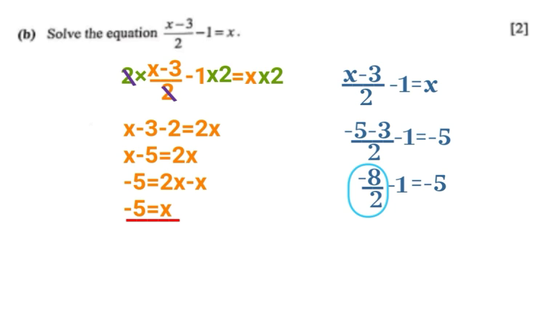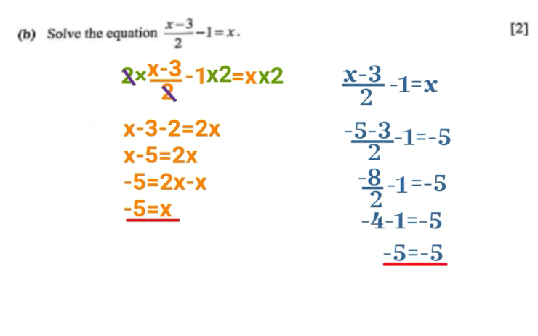Then minus 1, which will be equal to -5. Then I'm going to evaluate -4 minus 1, which will give me -5, which will be equal to -5.